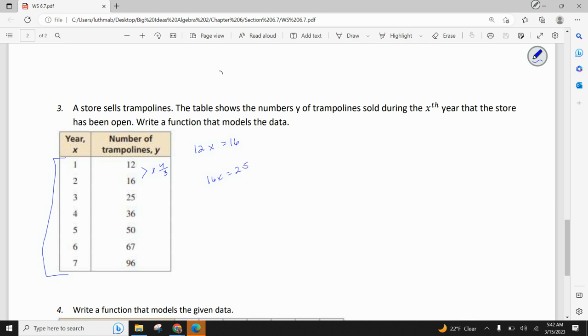So I do 25 divided by 16. And this is times 25/16. So our real issue here is this is not a consistent pattern.